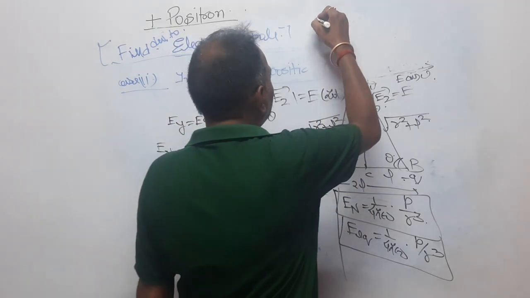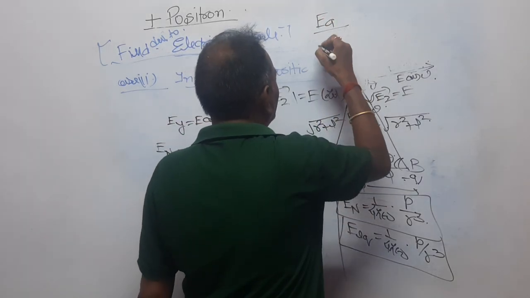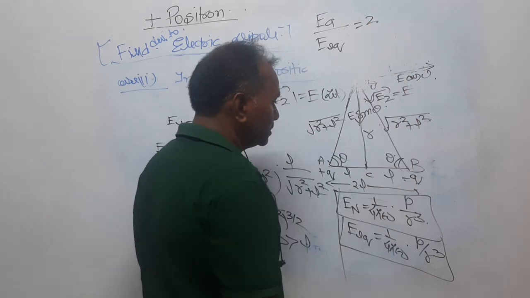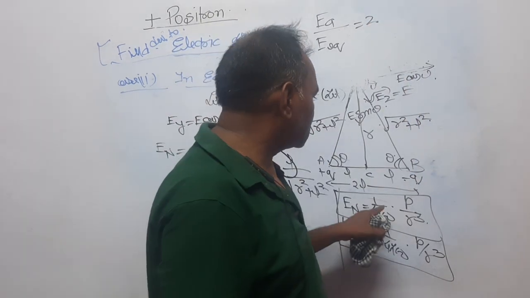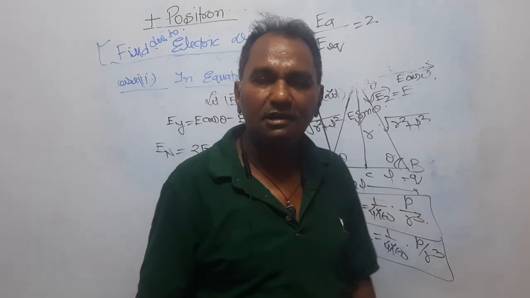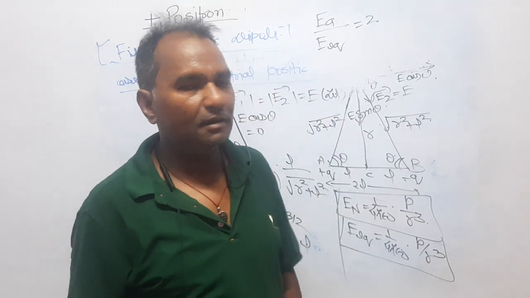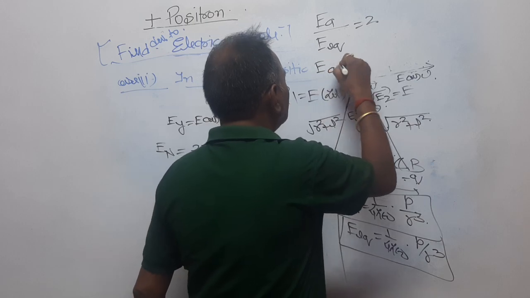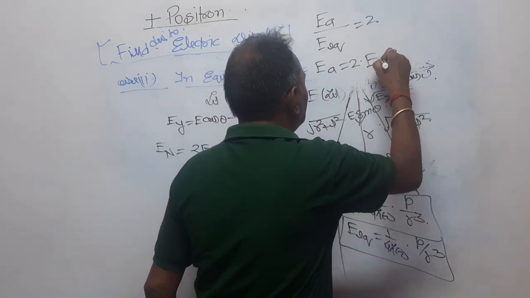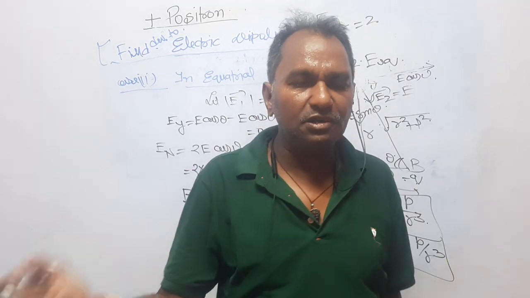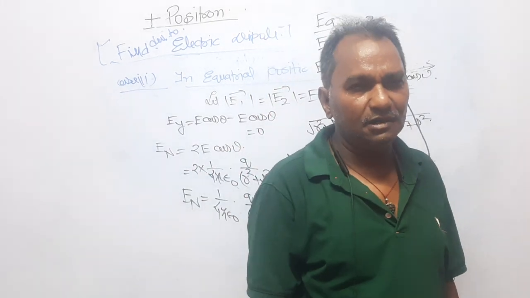If you divide these two, very interesting, you will get E axial over E equatorial equal to 2. Rest of the things are the same. This is just 1 upon 4 pi epsilon naught 2p upon r cube, and another is 1 upon 4 pi epsilon naught p upon r cube. It means E axial is equal to 2 times E equatorial. Means in the axial position, the field is 2 times the equatorial field.